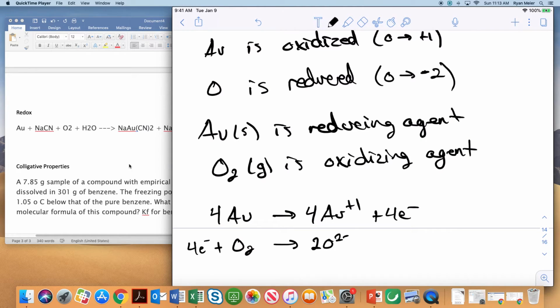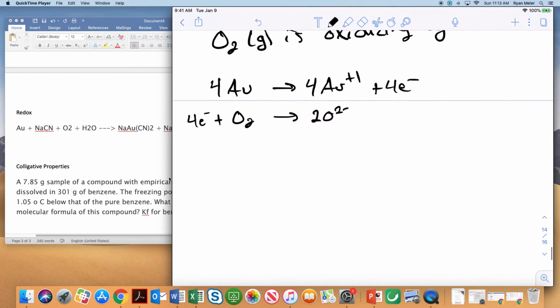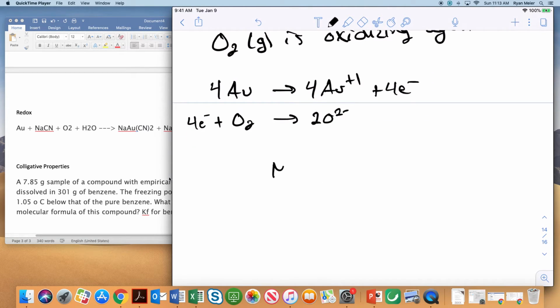Most of the time, it'll give you an unbalanced reaction of, let's say, MnO2 plus SO4 2 minus going to SO3 2 minus plus MnO4 minus, and it'll ask what's the coefficient in front of the MnO2. That's how they can make it a multiple choice question.